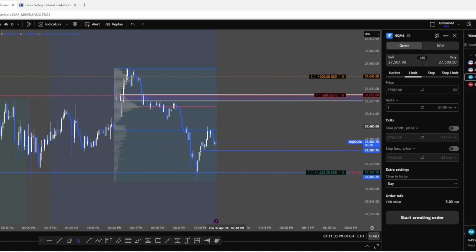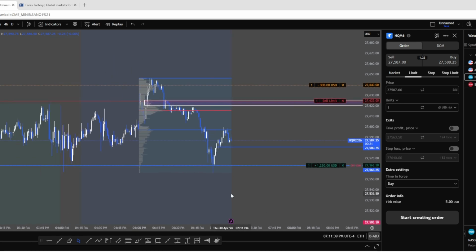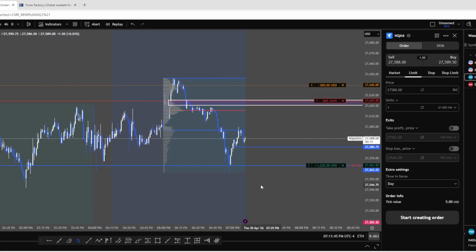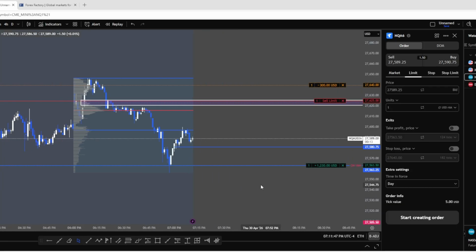It's always looking for those orders to grab, so it moves to where the most orders are, unless obviously a news event happens and things like that. So yeah, this is more Asia speed right here. This is how slow Asia can be sometimes.